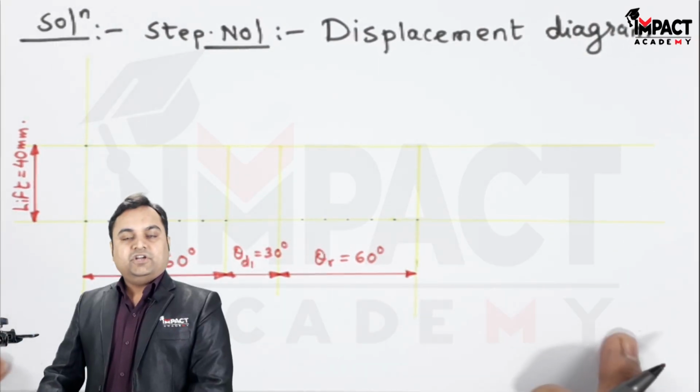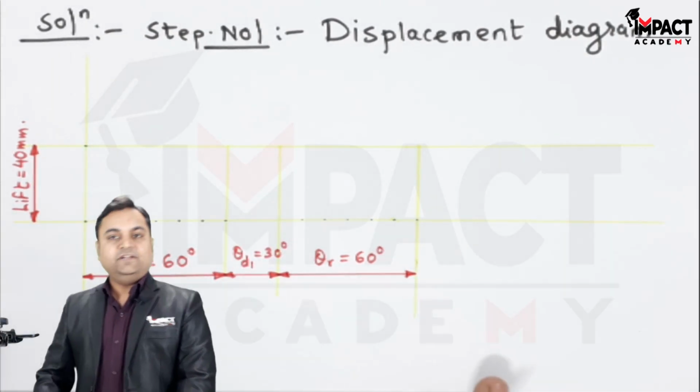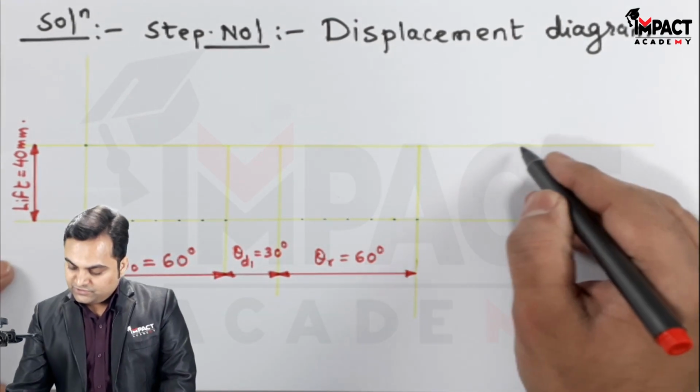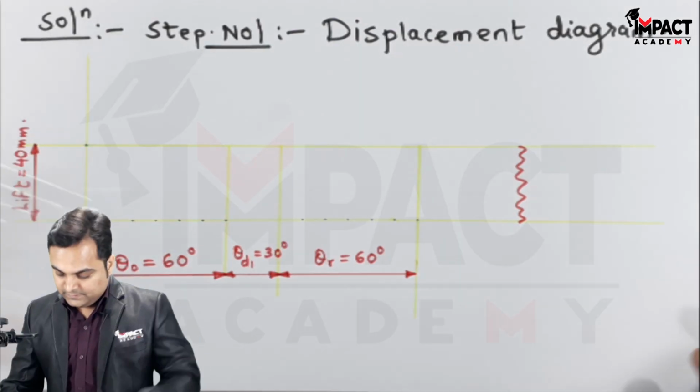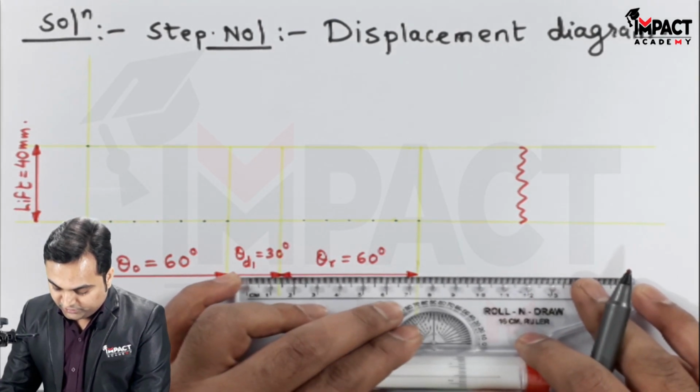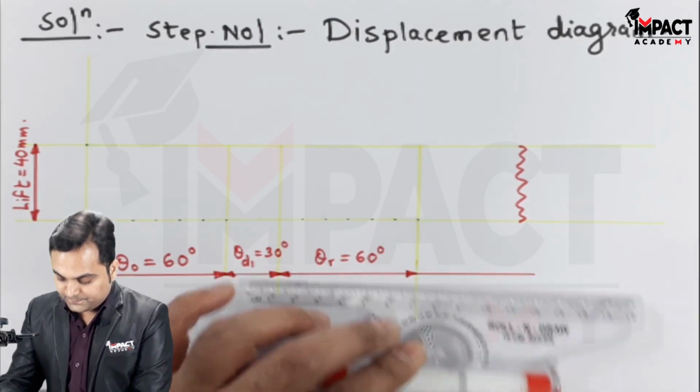After that, there is a dwell of 210 degree, and that need not be shown completely, so I'm just showing it with the help of a broken section that indicates the dwell for the remaining part of the cam rotation.